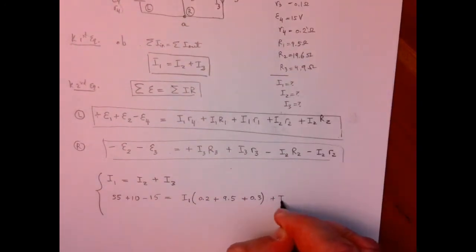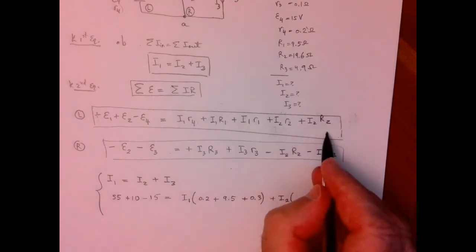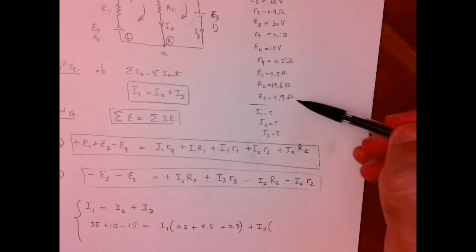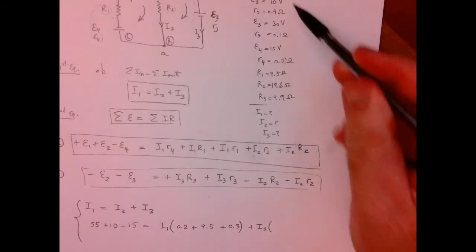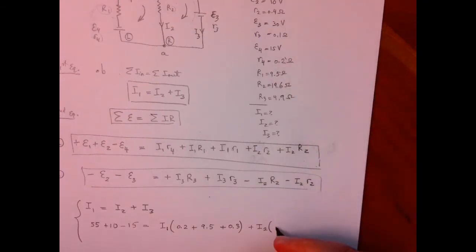and then plus I2, it will be R2 plus little r2. I'm looking at them here, I see them right away. It is 0.4 plus 19.6.